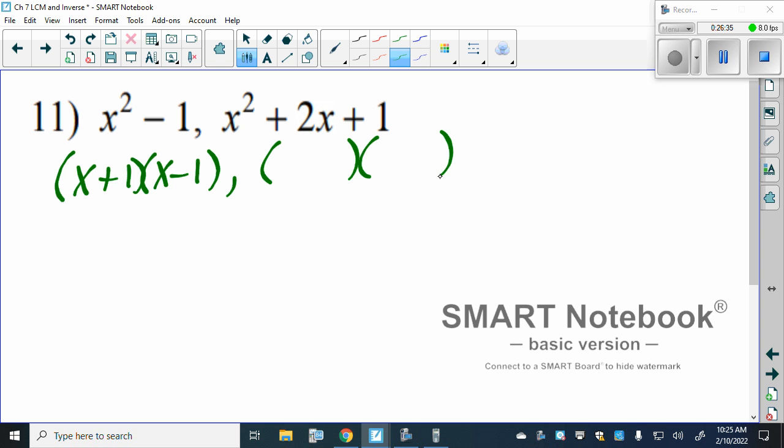Now, x squared plus 2x plus 1 is also factorable, and it's a perfect square trinomial. Now, because the 1 is positive, the signs would be the same and match the sign of the middle term, which is positive. Factors of x squared are x and x, and 1 and 1 because the factors of 1. And the 1 plus 1 will add together to give us our 2x for the middle term.